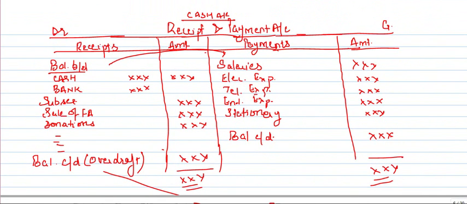This is how your receipt and payment account is to be prepared. Clear? Right? So we'll be discussing the practical portion of this part later on, right? Because I want to cover the concepts first, right? Because for some of you, the exams are also nearing, so you need to understand the concept first, right? Then we will move on to the practical aspect. Clear?